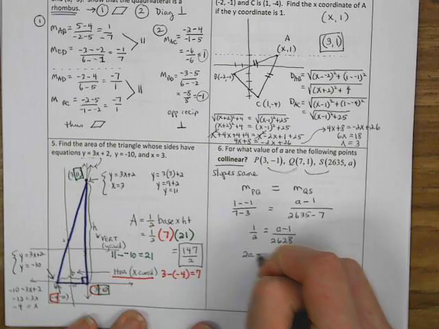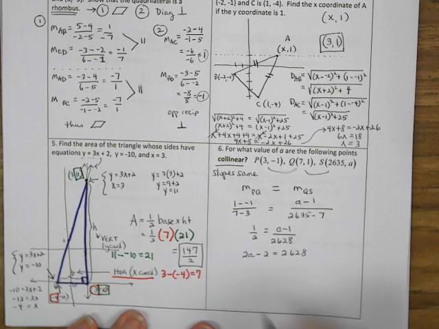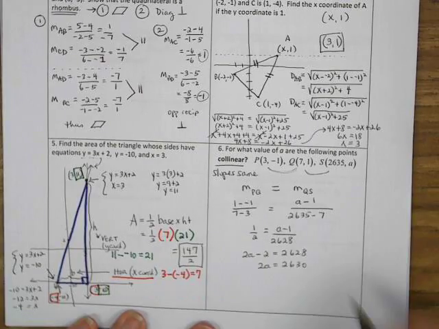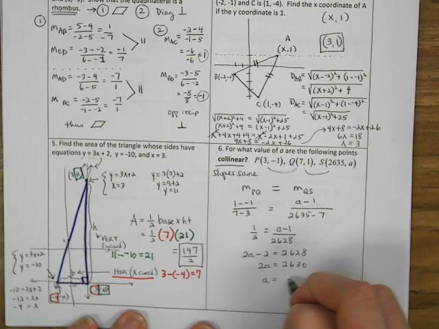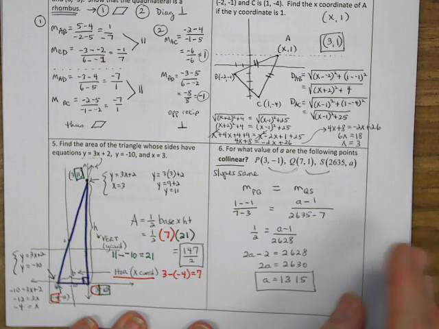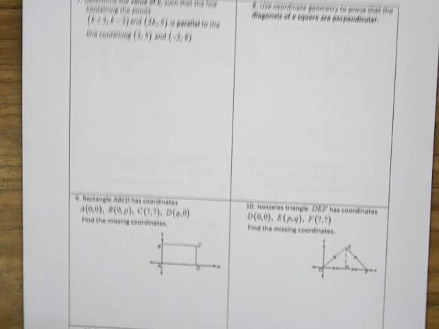I can get 2a minus 2 equals 2,628. If I add the 2 over, that's 2,630. And if I divide by 2, that's 1,315 for my A value. That's problem number 6.